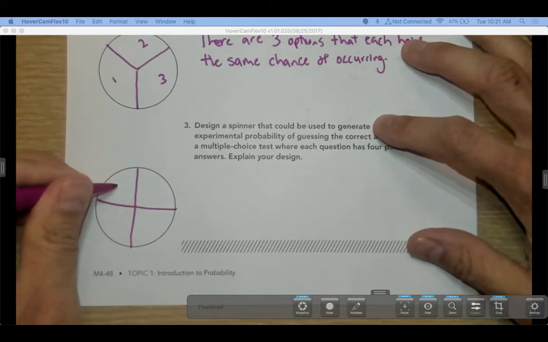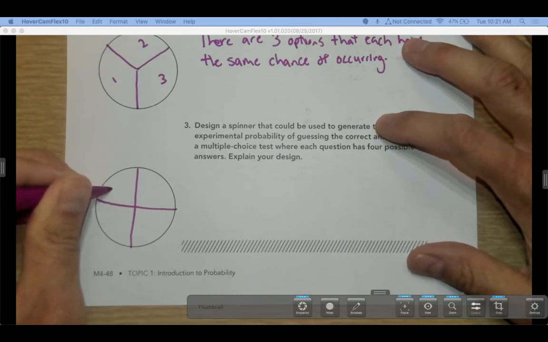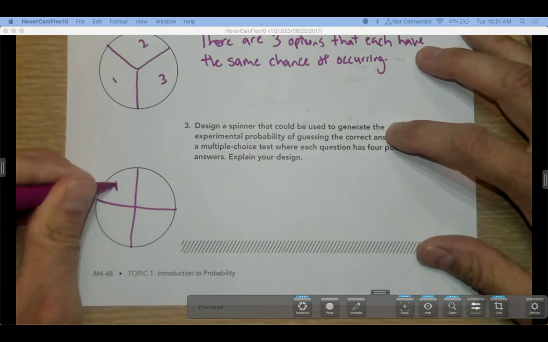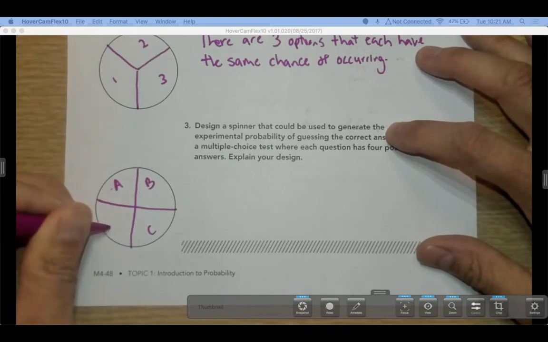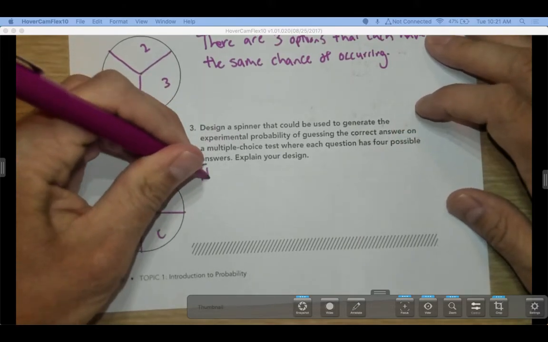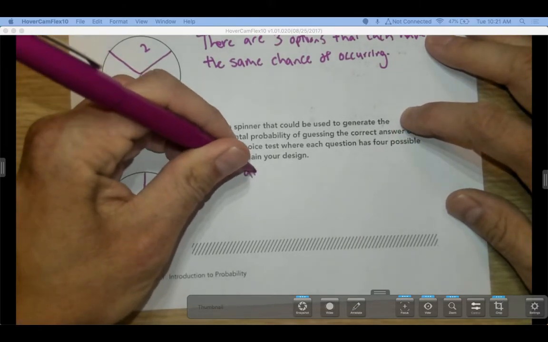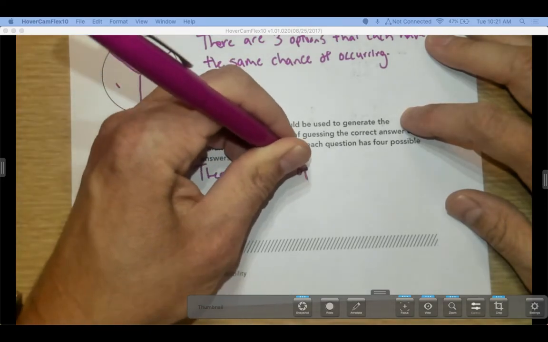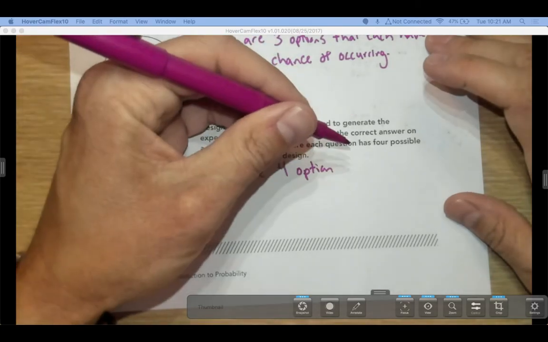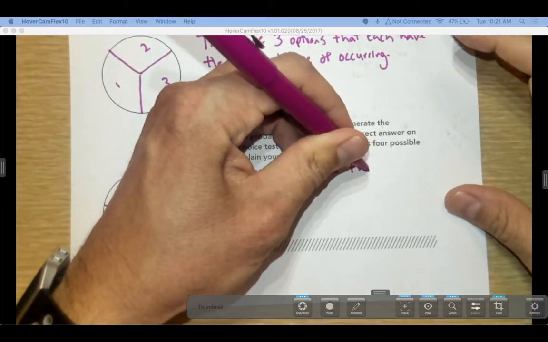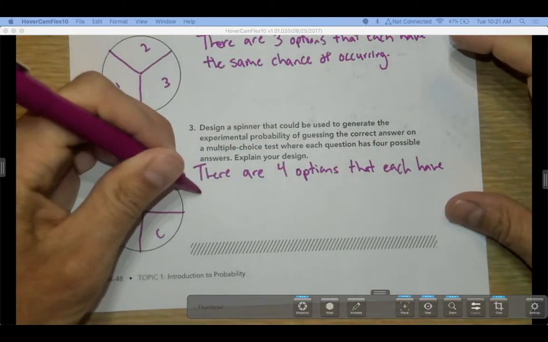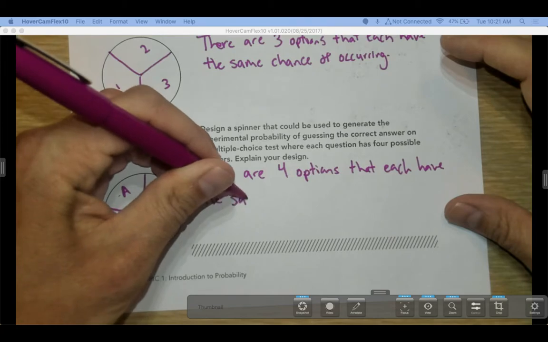We would have, well, let's see here, A, B, C, D. And then there are 4 options that each have the same chance of occurring if you guessed.